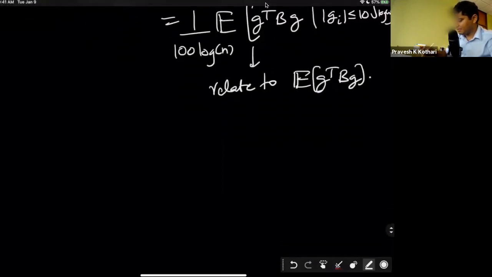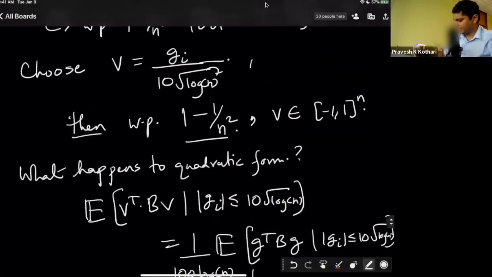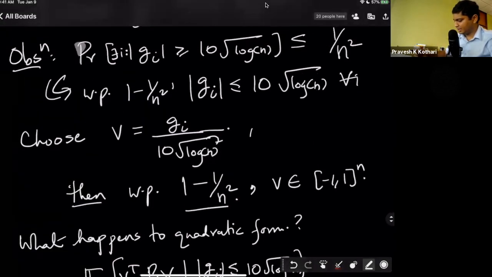So let me describe the final rounding algorithm and only sketch how this works instead of doing it in detail. Remember that the rounding we were suggesting doesn't always produce a vector in plus minus 1 to the n.